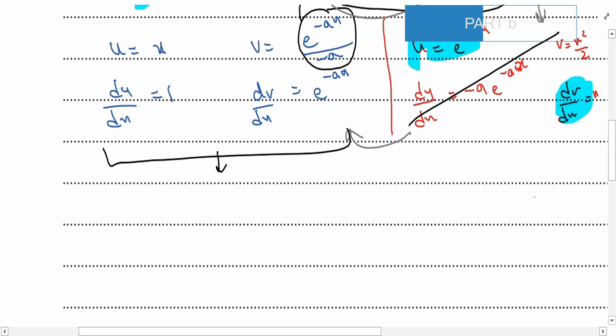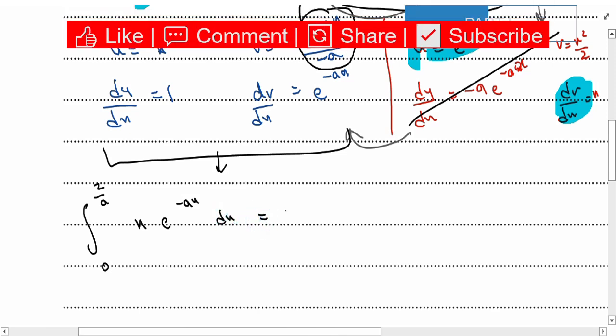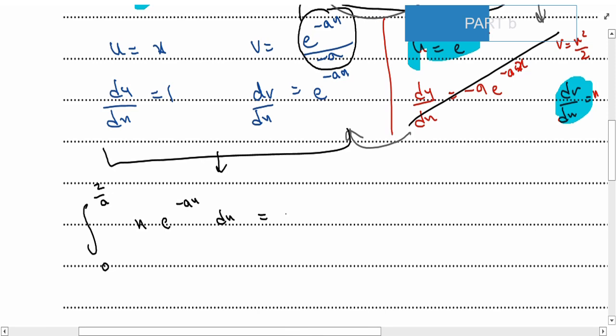Now let us put these values. Our integral from 0 to 2 by a of x e to the power of minus ax dx equals uv, where u is x and v is e to the power of minus ax over minus a, with limits from 0 to 2 by a, minus the integral of v du.